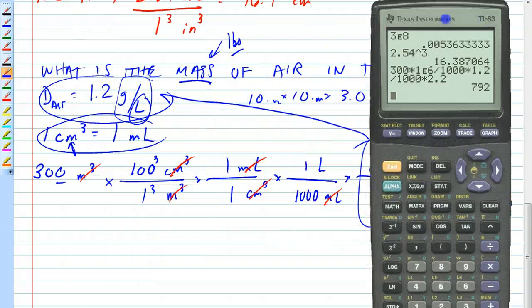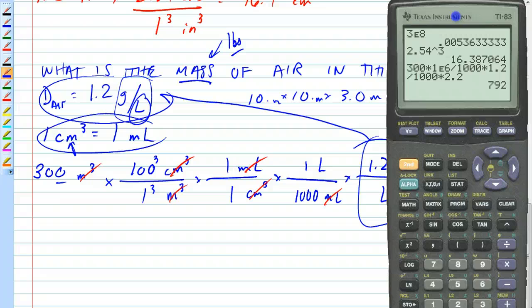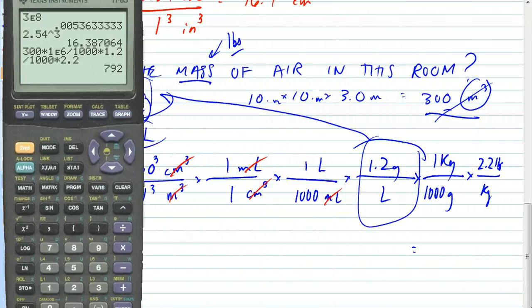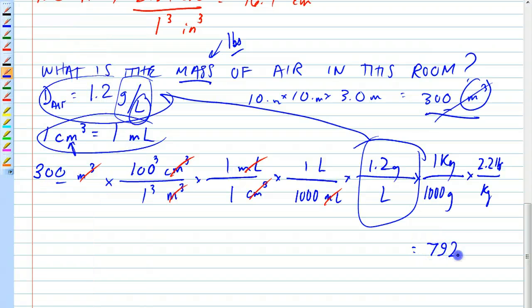Is that right? Yeah, I suppose that's right. It seems a little low, but I guess we guessed lower on the volume this time than last time I did it. 792 pounds of air in this room.